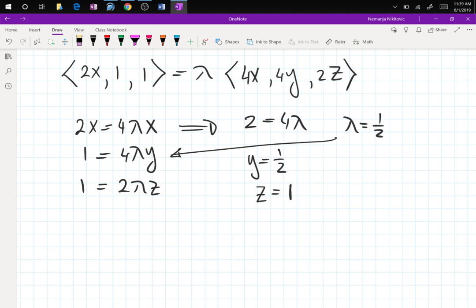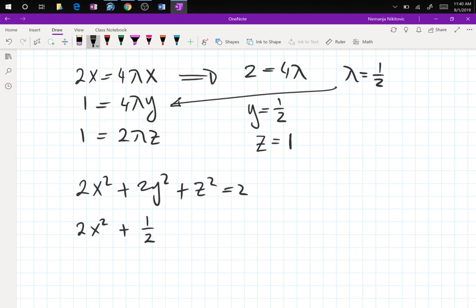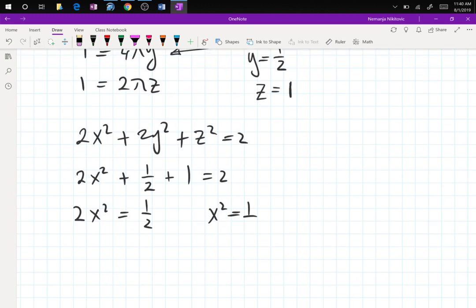So now you need to use the g equation to calculate x, and the g equation was 2x squared plus 2y squared, so that's going to be a half, plus z is 1, still 1, equals 2, so that's 1/2, so 2x squared is equal to a half, x squared is equal to a quarter, so x is going to be equal to plus minus half.